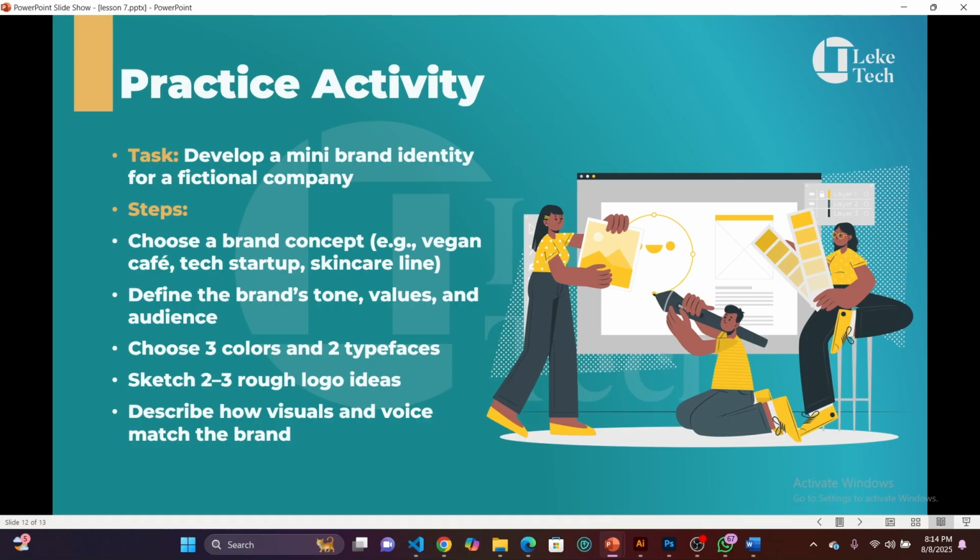So we're going to choose three colors and two typefaces for this. Typeface means the font. For example, on this Juju Tech, we have this seafoam blue and this turquoise with the yellow, which are our colors.